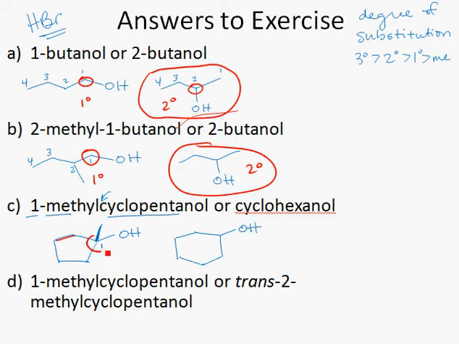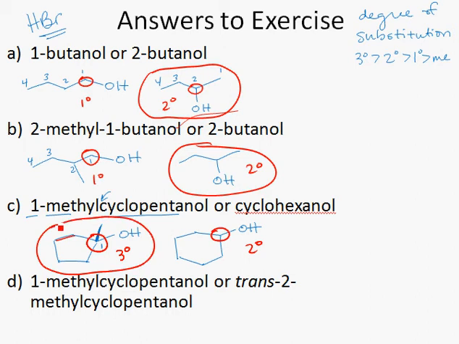Looking at our carbonyl carbons, we can see that the carbon for 1-methyl cyclopentanol is attached to 3 other carbons. It's tertiary. And the carbonyl carbon in cyclohexanol is only attached to 2 other carbons. It is secondary, so the tertiary is faster.